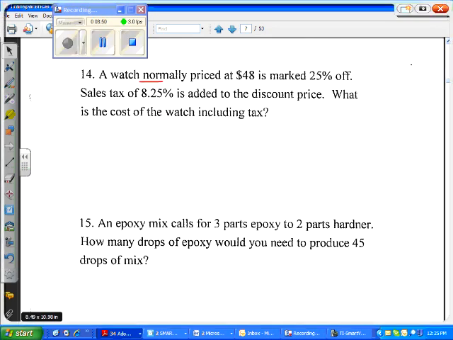We said, okay, we have the normal price, which we call the original price. We want to actually find the amount off. When we take the amount off of the original price, it gives us what we call a sale price.